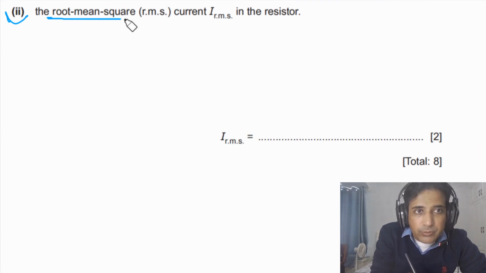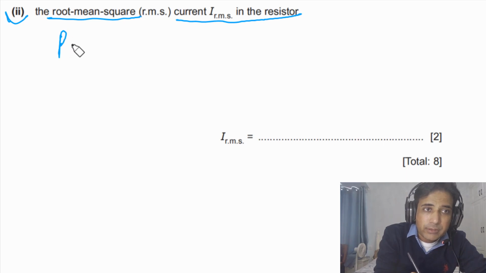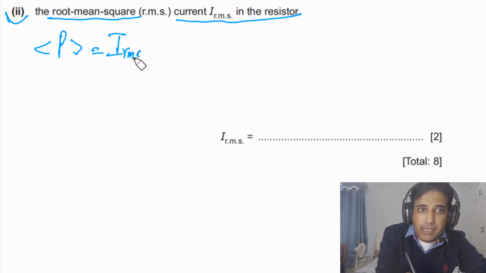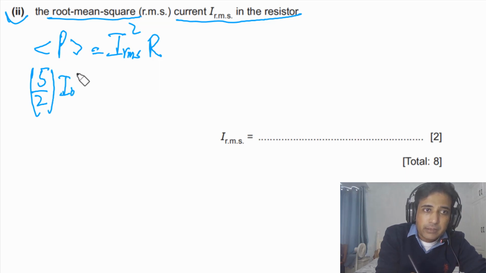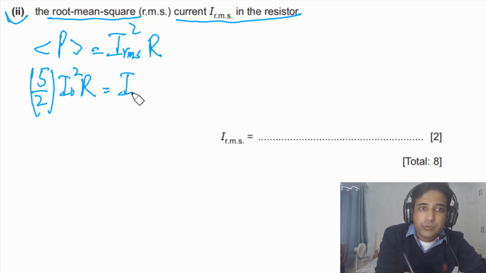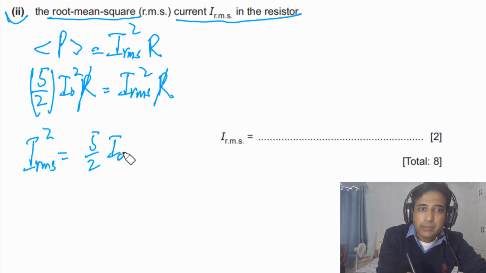The second part says calculate the root mean square current IRMS in the resistor. We have already discussed that mean power for AC is equal to IRMS squared times R. And the value of mean power we have just calculated, so we can write the mean power as 5 by 2 times I naught squared times R, and this is equal to IRMS squared times R. So we can cancel R with R, so we can rewrite: IRMS squared will be equal to 5 by 2 I naught squared.